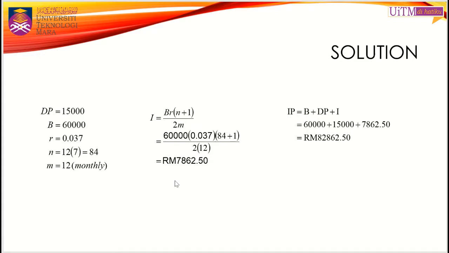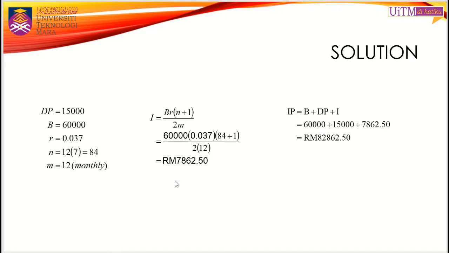Substituting the balance with 60,000, the down payment 15,000, and the interest with the amount we just found, you get the installment price to be 82,862.50.